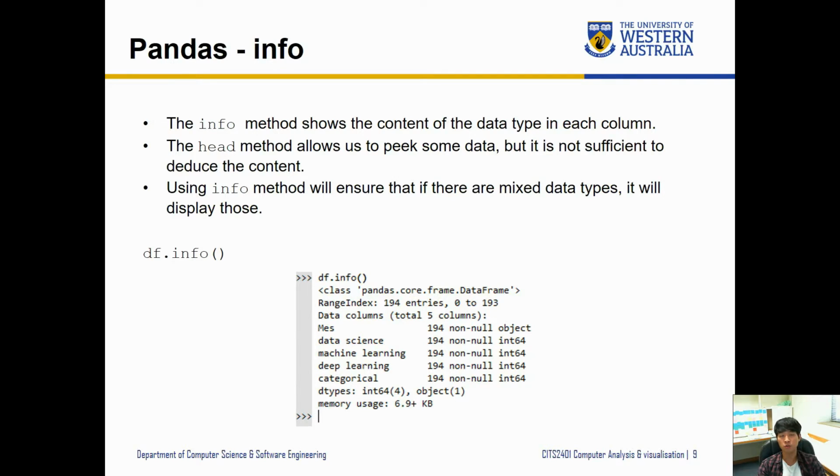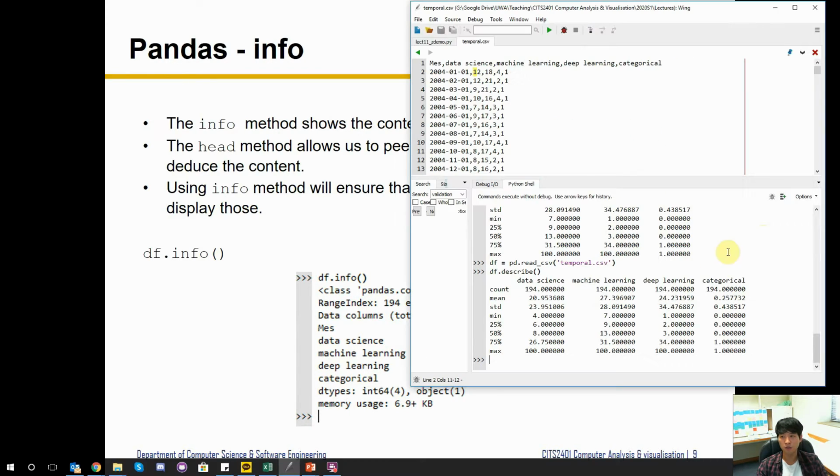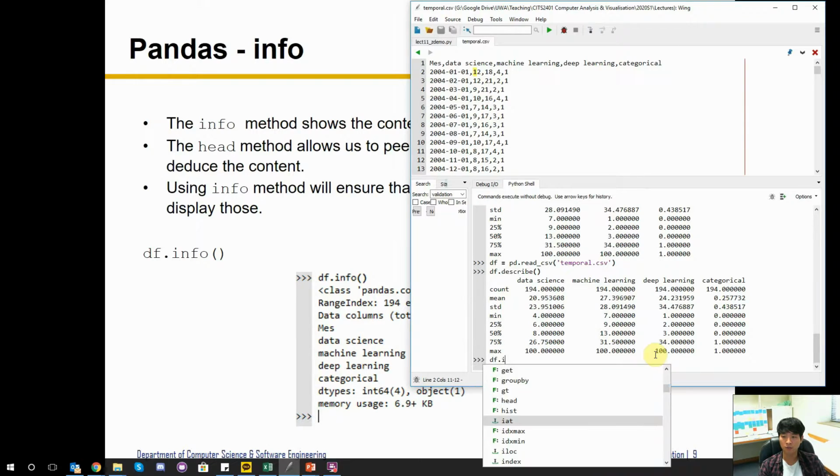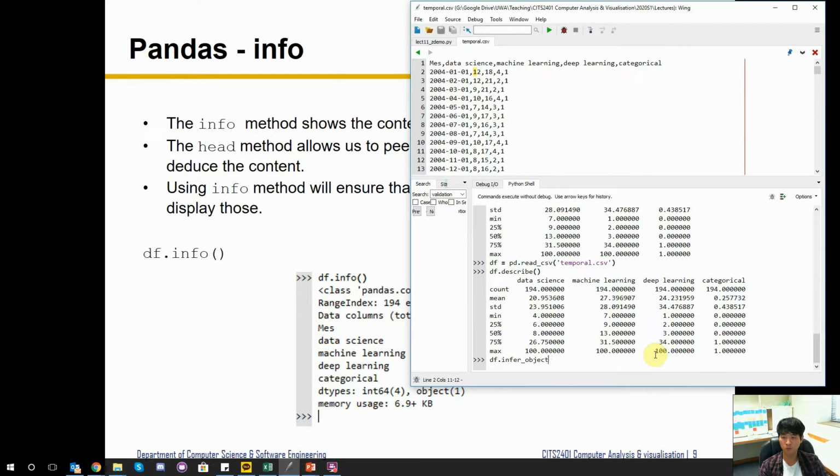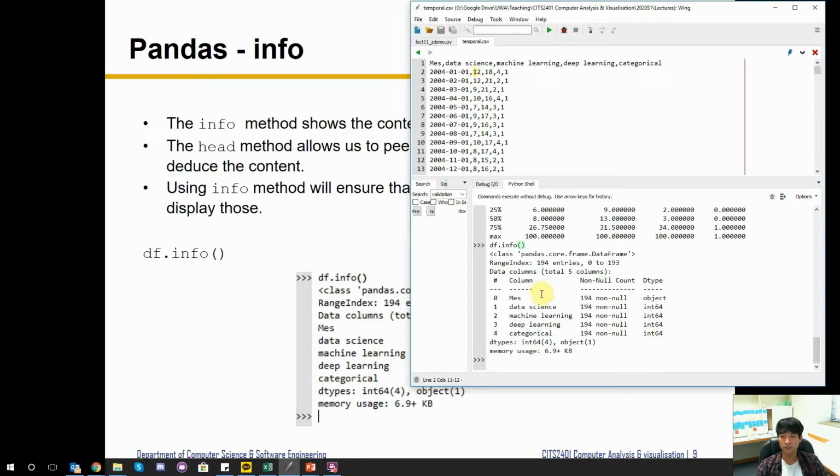Okay. The info method shows the content of the data type. So this will be useful to understand what kind of data type we're dealing with for the different columns that we have. So if we look at df.info, then it tells us that we have 5 different columns, and these columns have how many non-null values, which means there are 194 lines populated, and it also shows the data type.